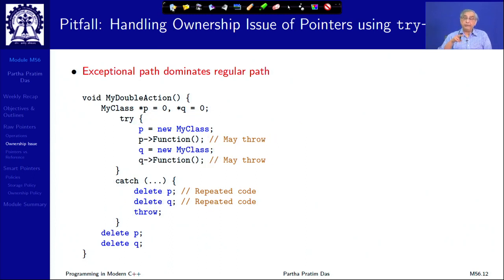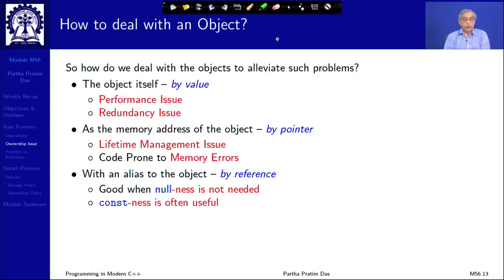It does not happen with automatic variables, because if you have defined anything within the try as an automatic variable, as you go out of that, it will automatically get released. So, as we know, there are three ways to deal with an object: by value, by pointer, and by reference. If you do it by value, you have performance issues, redundancy issues. If you do it by pointer, you get these kinds of lifetime management issues, memory issues.